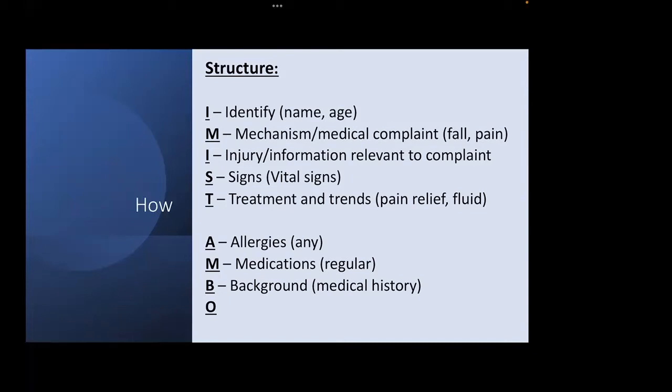And O is for any other information, so it may relate to their social situation, NFR, which you may know as a not for resus order, if there's anything like that. It may involve their luggage or their belongings, anything else extra that may assist with identifying or knowing information about that patient.